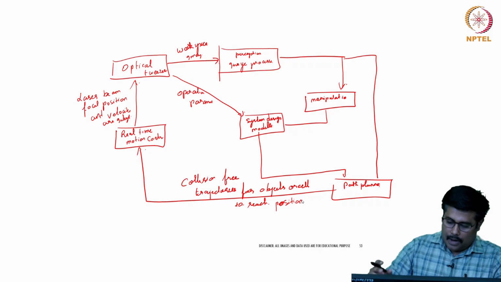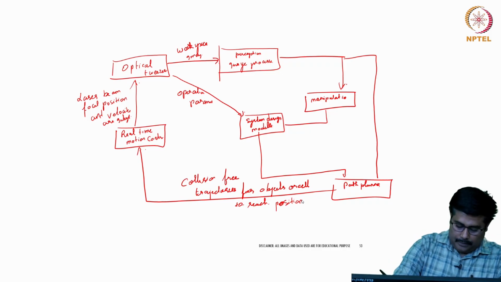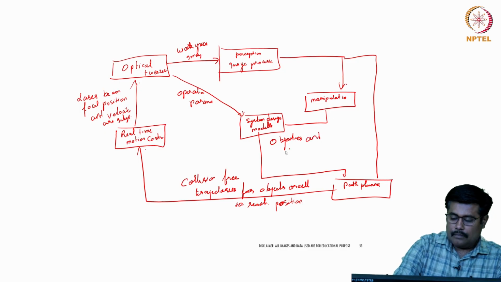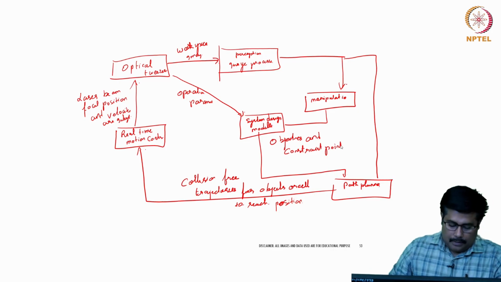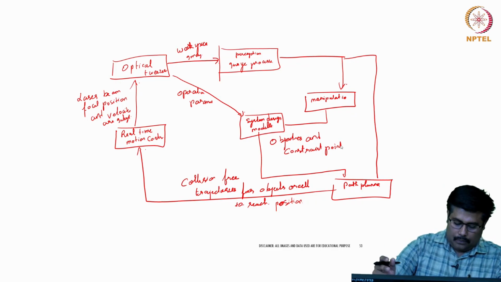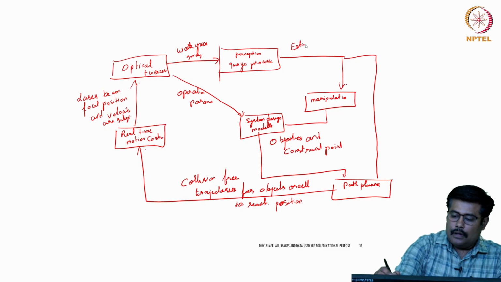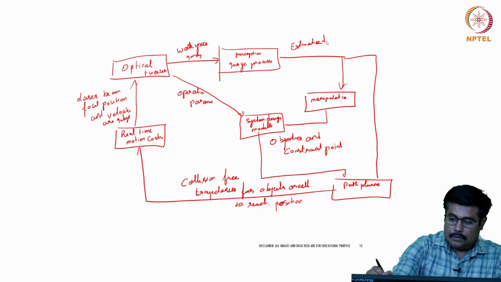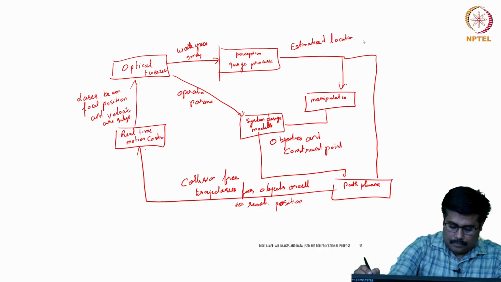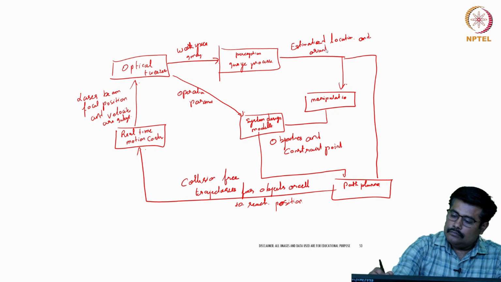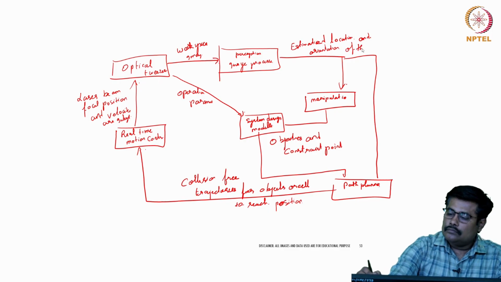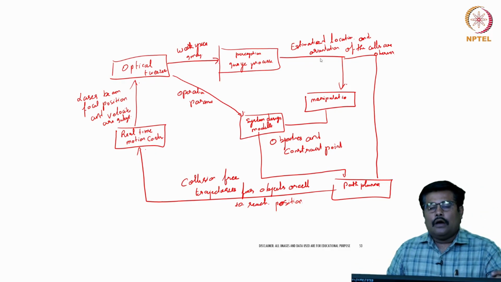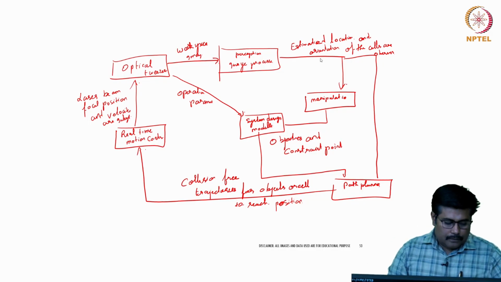Now, we have the operation, and whatever objective constraints are there are appropriately fed into this path planning, and the estimated location and orientation of the cell are measured in this.